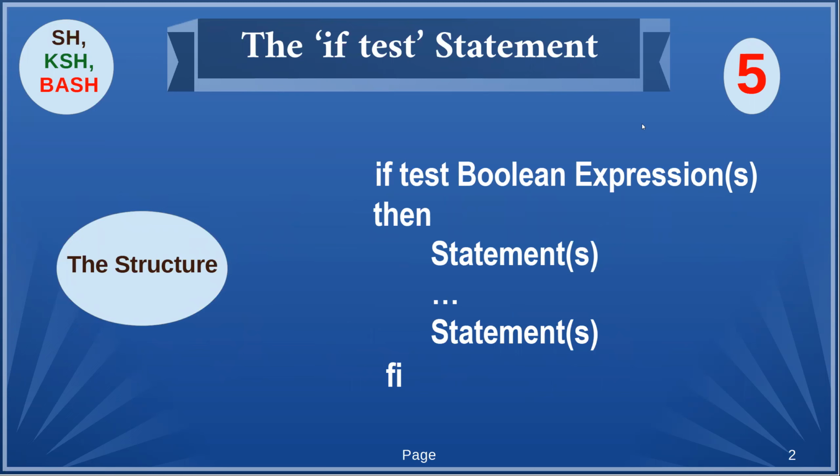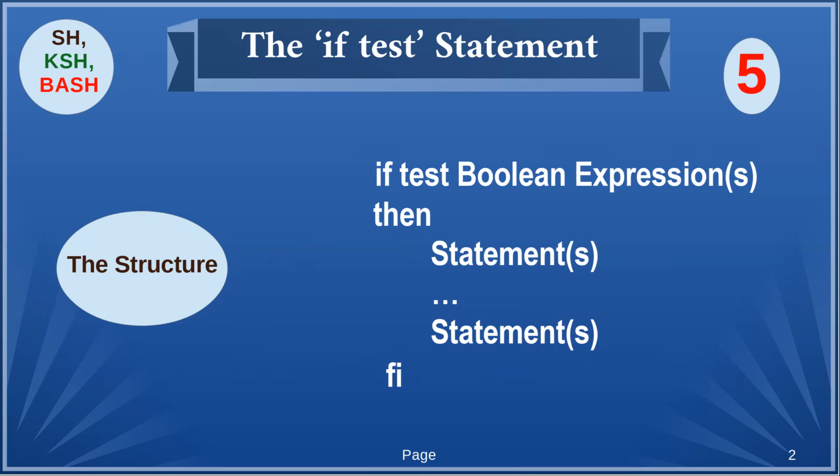In this session, which is the if test statement video number 5, the structure of the if test statement is: if, some Boolean expression, then some statements. Those statements could be function calls, any command line arguments, any further testing, any nested if statement, any for statement, any assignment statement.